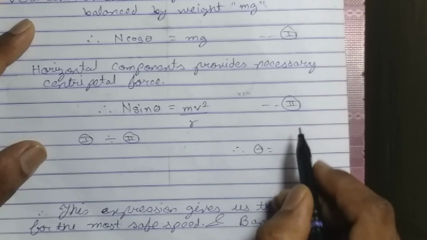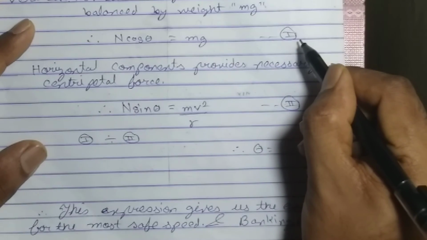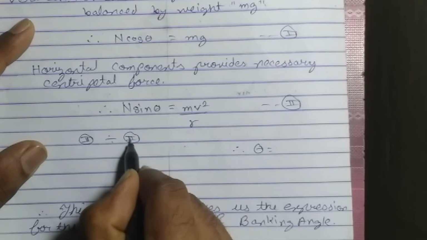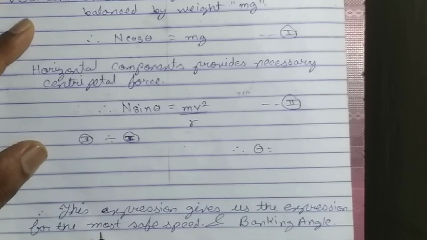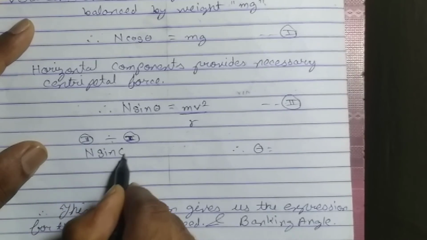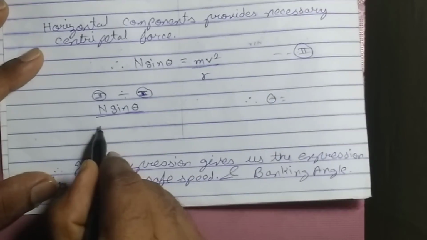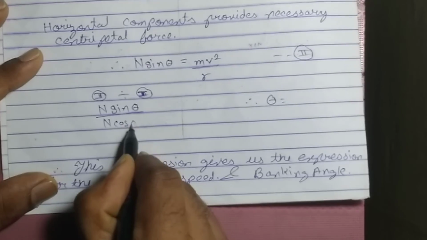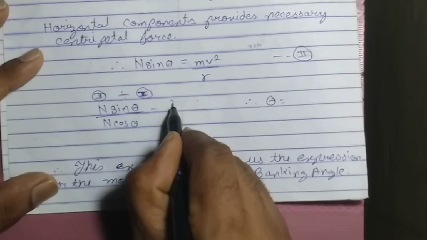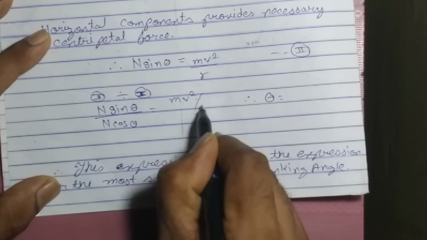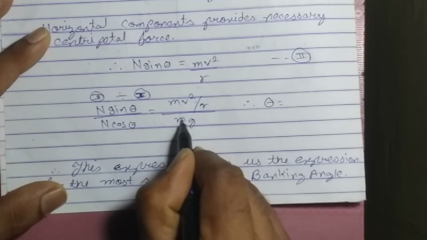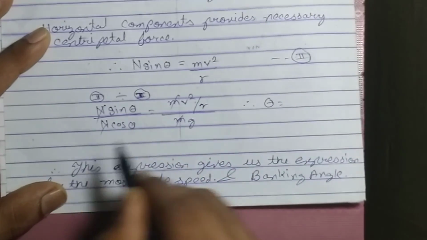Students, I am going to divide equation 2 by equation 1. If I divide 2 by 1, N sin theta divided by N cos theta will give us the right hand side of the second equation, mv square upon r, the whole divided by m multiplied by g. M cancels and N cancels.